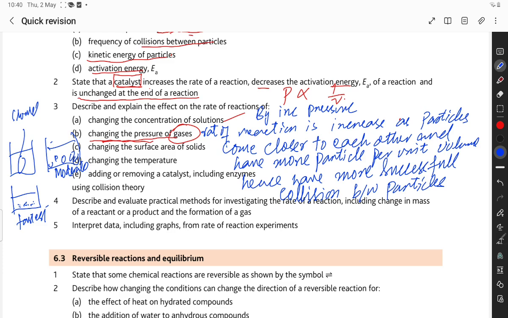So you can write down, by decreasing the size of particles, surface area of solid is increased, surface area to volume ratio is increased.